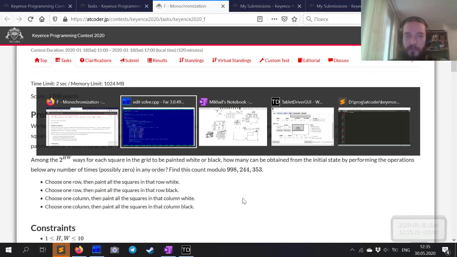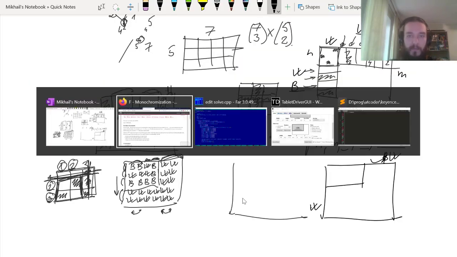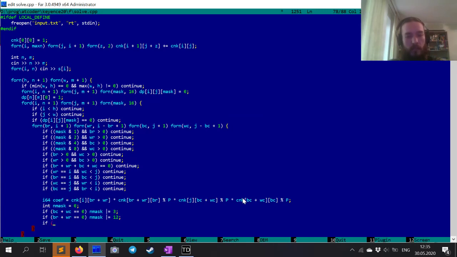If we have only erased white things, so we didn't erase any blacks, then we cannot erase white things on the next step. So we have to forbid this condition here and this. So this, I think, does it.